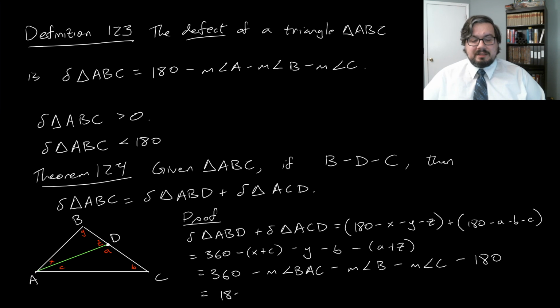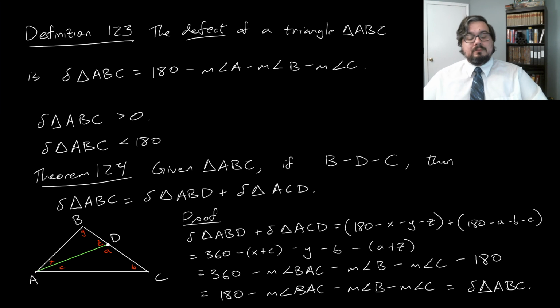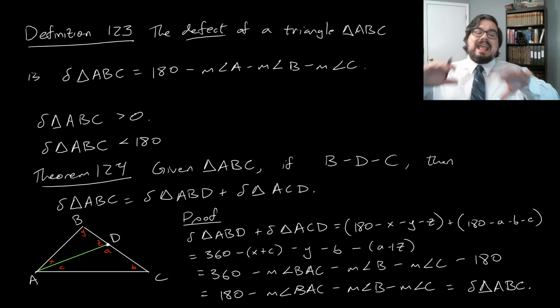So from this we get 180 minus the measure of angle BAC minus the measure of angle B minus the measure of angle C, which equals the defect of triangle ABC. So the point is that we can look at the defect of a triangle, and it's always going to be equal to the sum of the defects of triangles in a triangulation of it. We'll come back to that in just a sec.